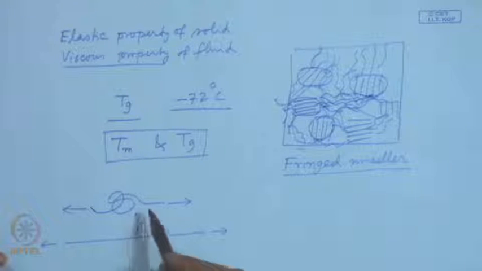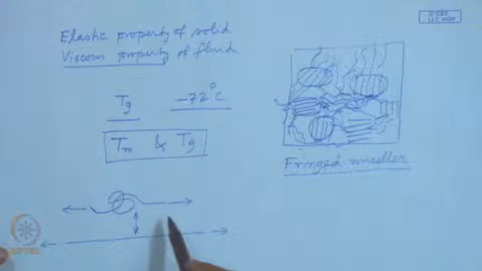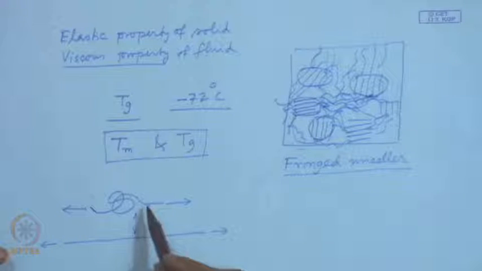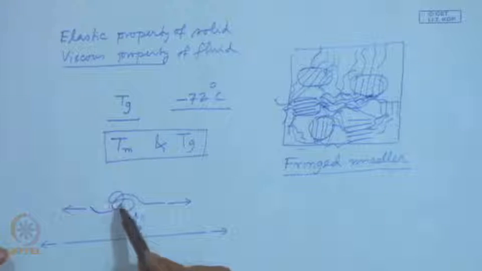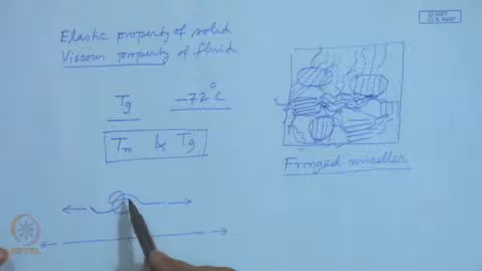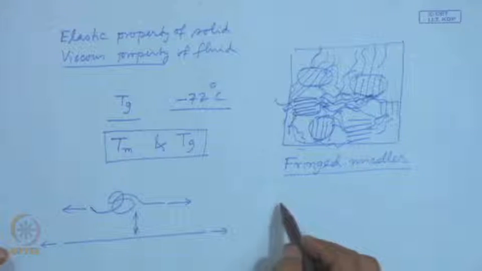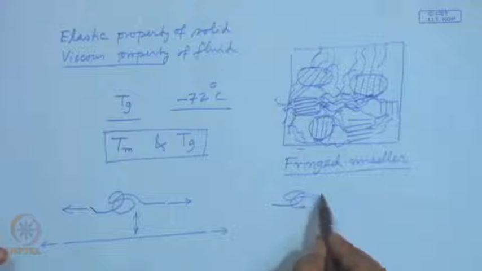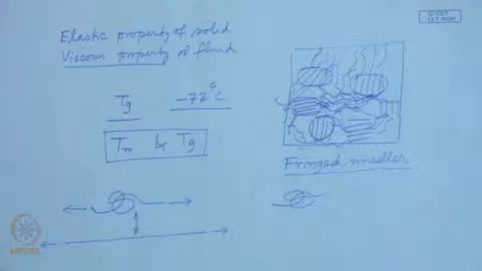Now, here many other things may be explained, which are found in case of polymer materials. If we find that there is some entanglement, intramolecular entanglement, intramolecular coiling, as well as there can be intermolecular entanglement.